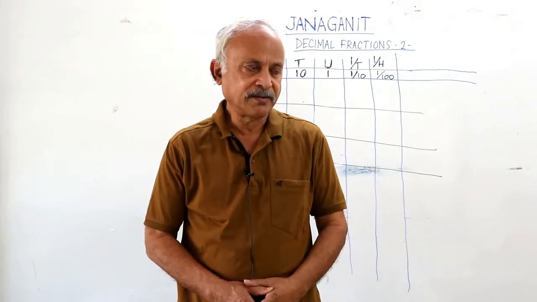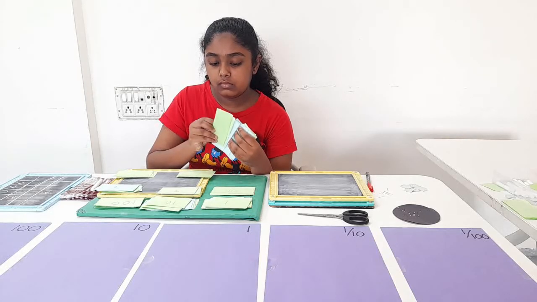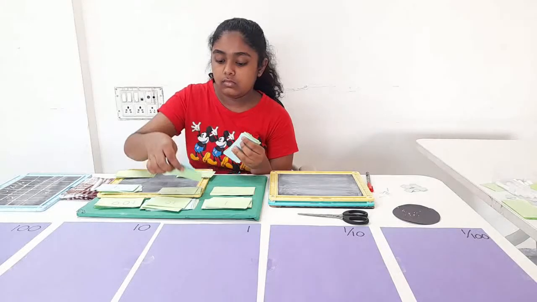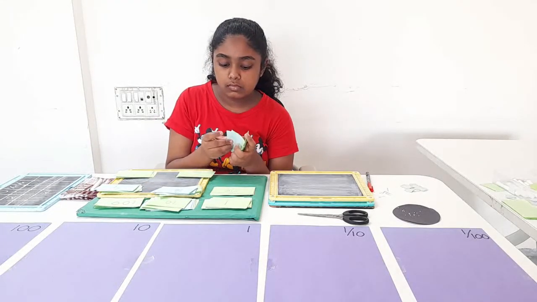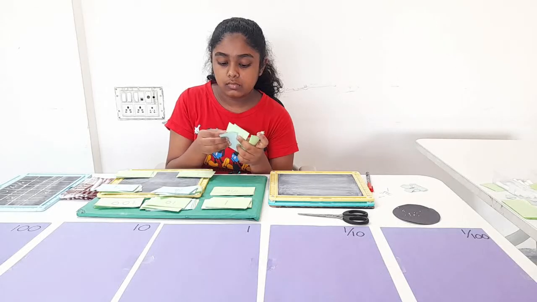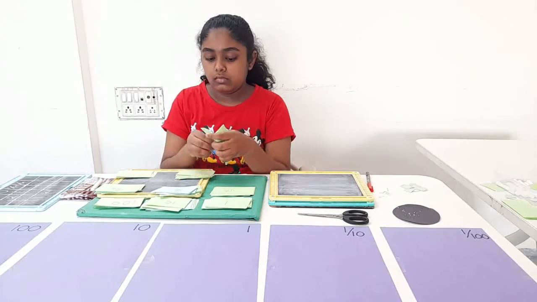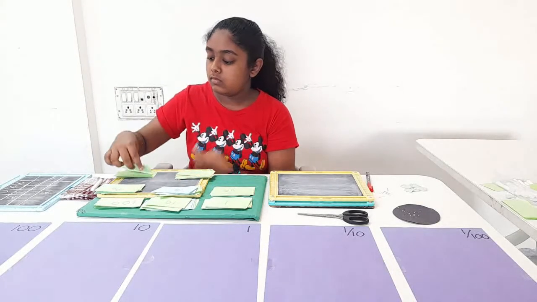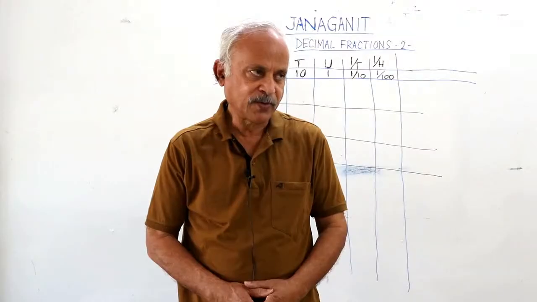And divide it among 4 persons. Each one got how many 1 by 10s? 5. 5 1 by 10s.